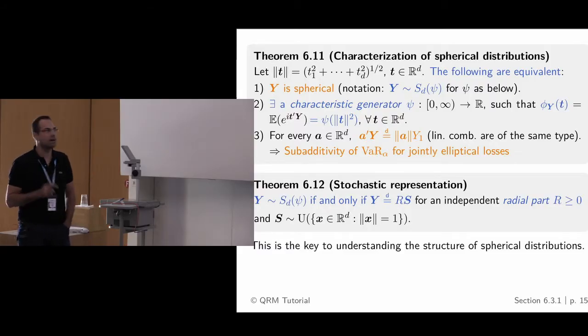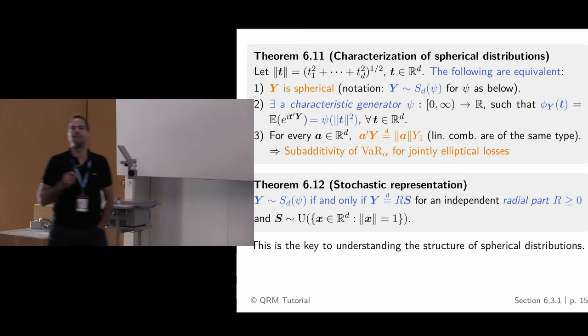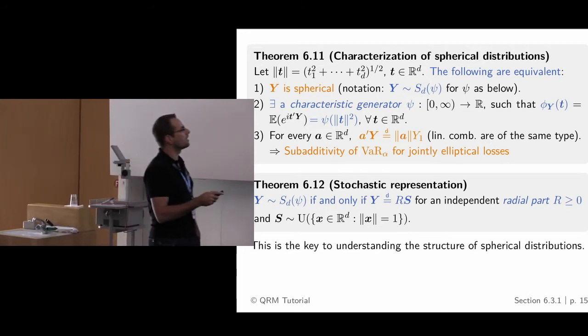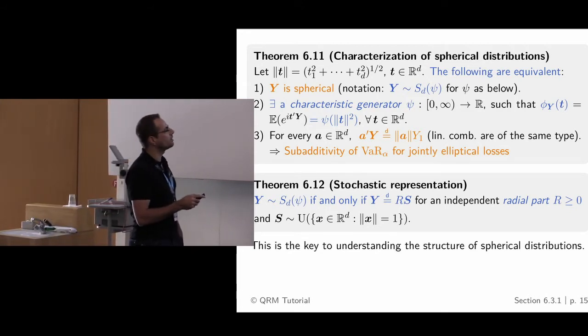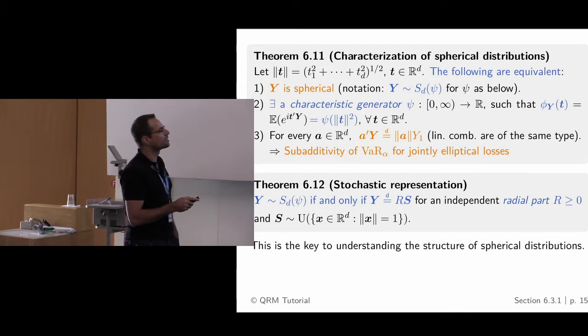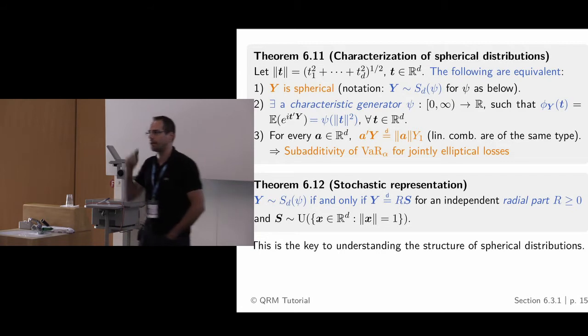But the third part, so essentially reading y is spherical if and only if this result holds, this is very important. Because this tells me, y is spherical if and only if every linear combination is in distribution equal to some constant, being the length of the vector, times one of the components of y.